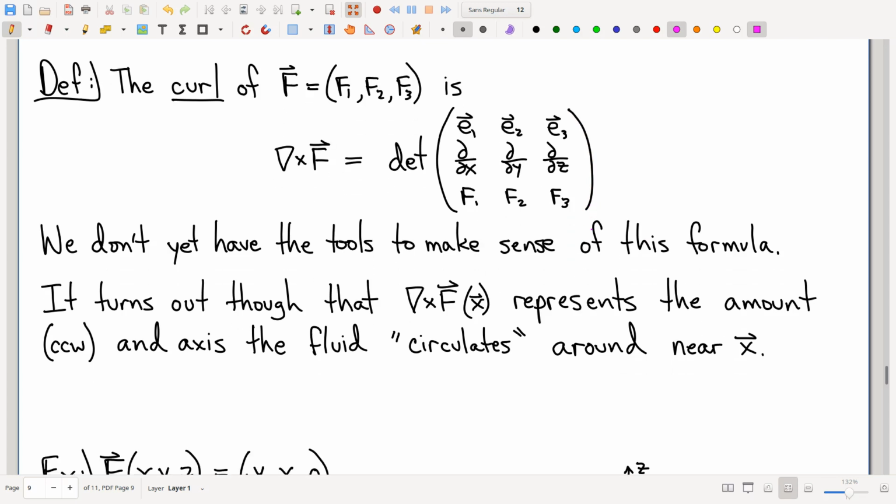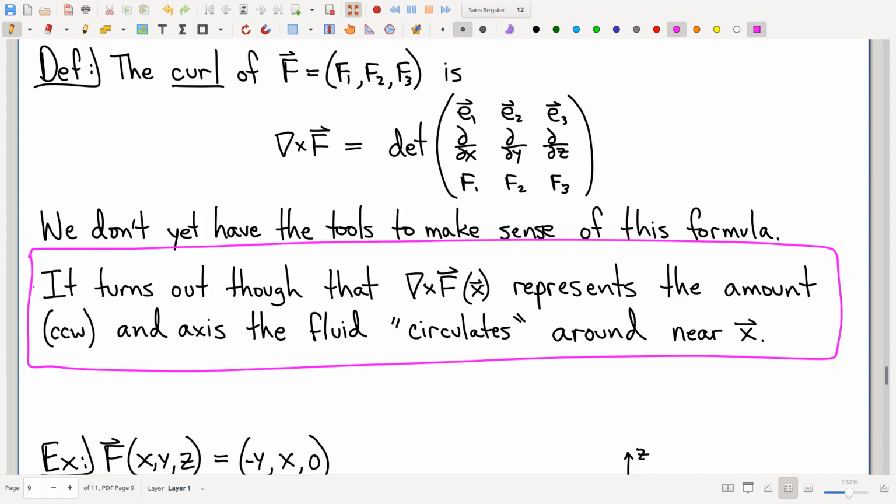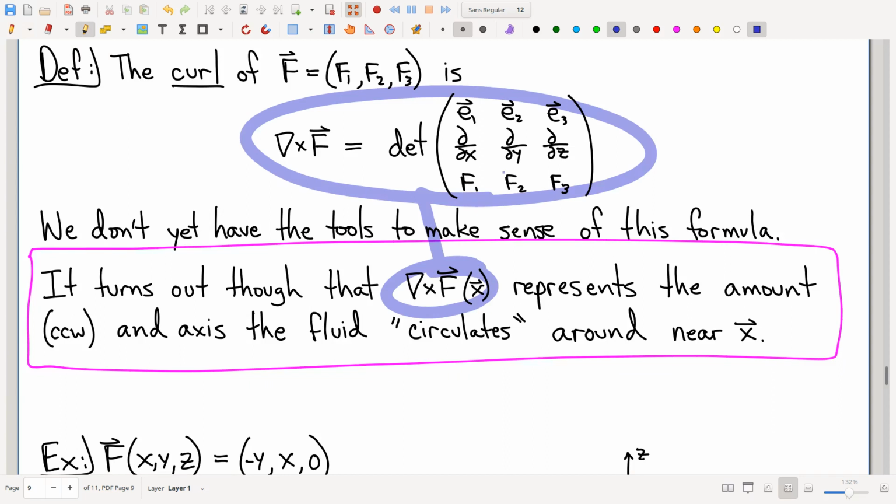Okay, so all of that said, if you compute this out, you get a vector, and completely unjustified, completely without context, all apologies, here's my assertion as to what this means. This thing is called curl.